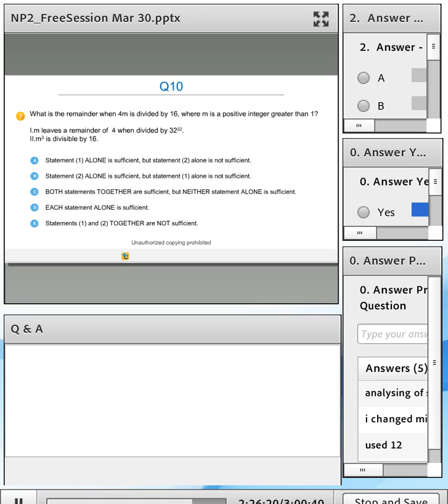So clear out. Can you click on still solving, please? All right, go ahead and solve the question.